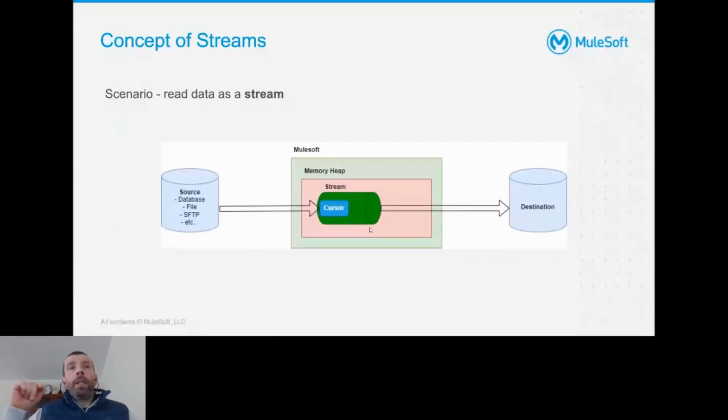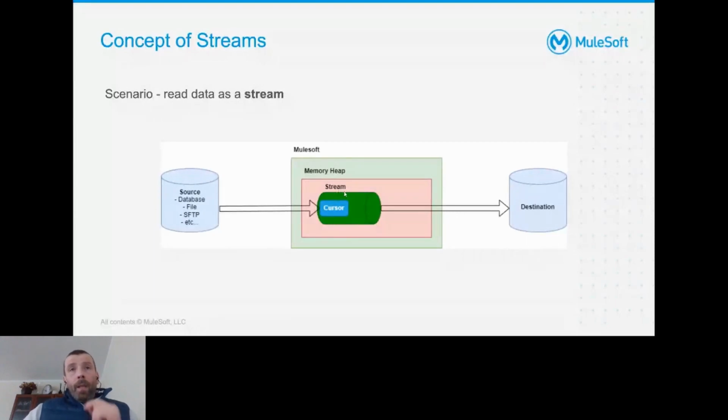So instead of reading the whole data into memory at once, we are just creating something like a cursor, a pointer, something that points to the beginning of the data. Usually such a cursor is then encapsulated in an object to treat it as an object, and this object is called a stream.